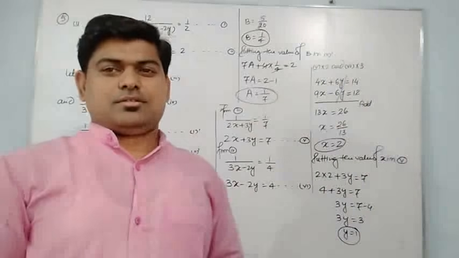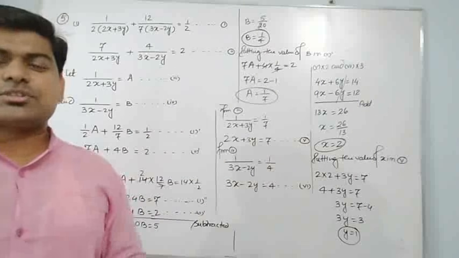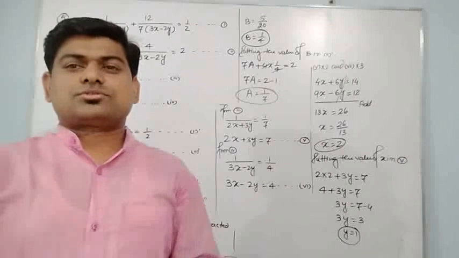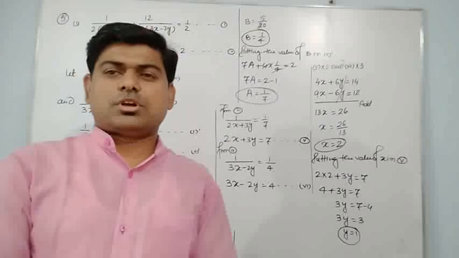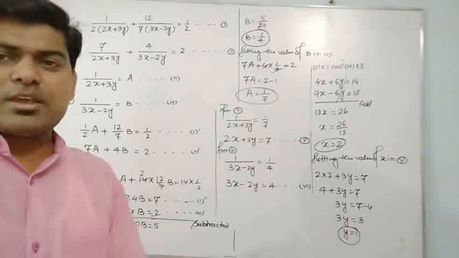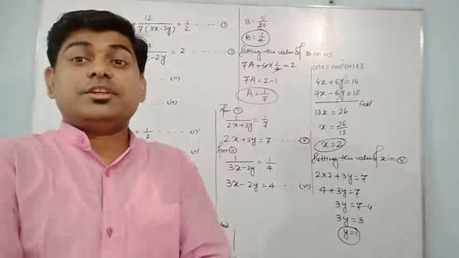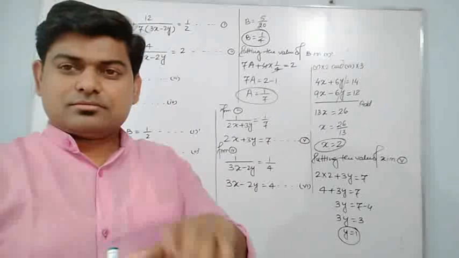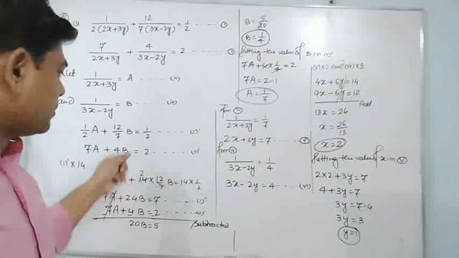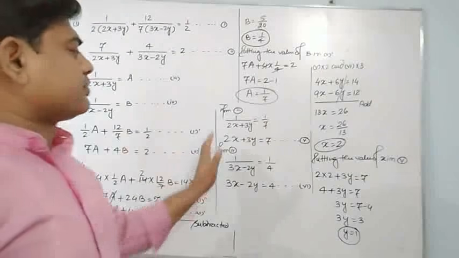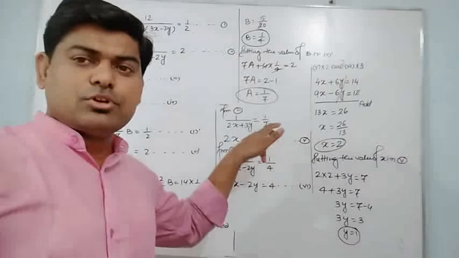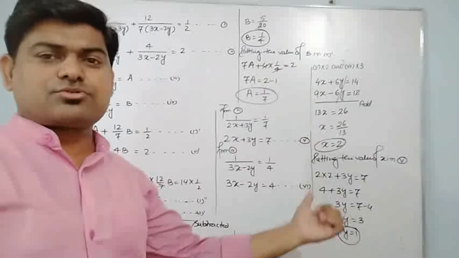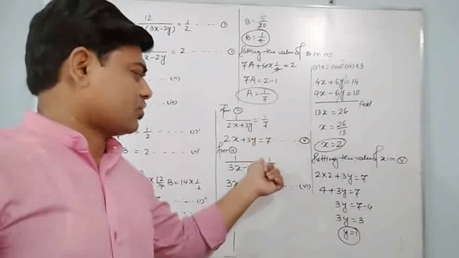So it is a little bit lengthy because of the same process. Same process means that solving the two equations of linear equation is done 2 times, not 1 time. Once we have solved for a and b, and then after substituting the value of a and b, we got 2 more equations in the form of x, y, and these 2 equations we have solved.